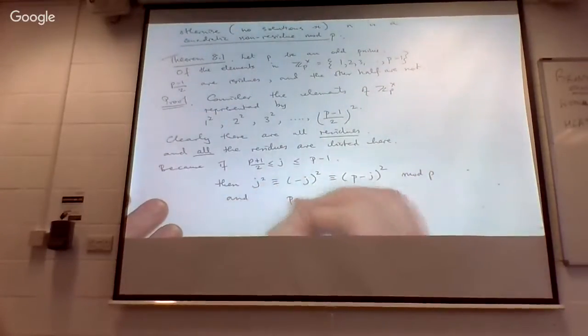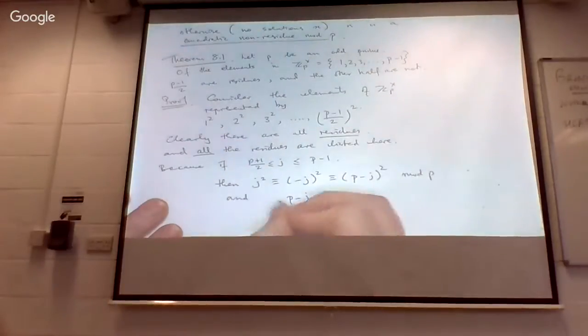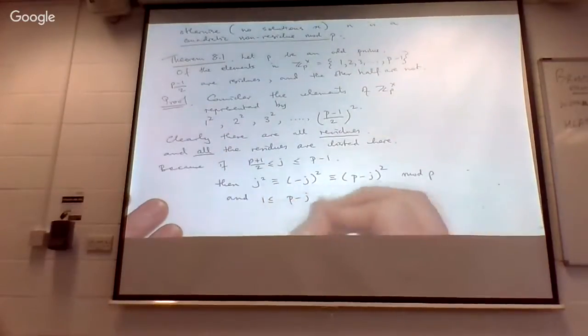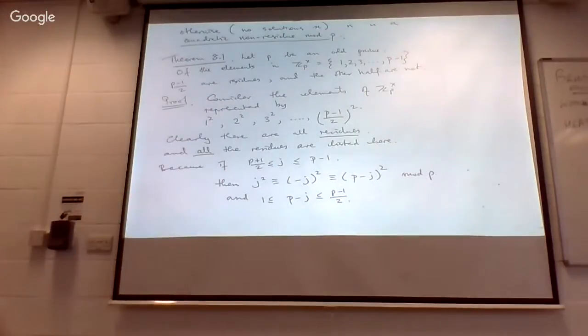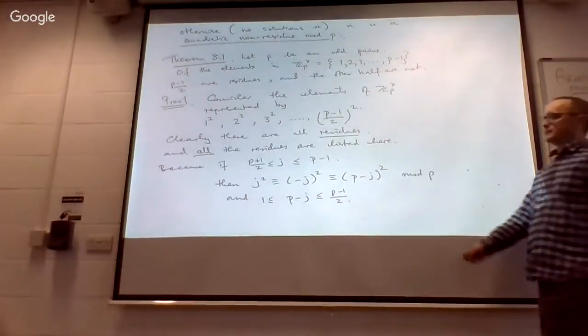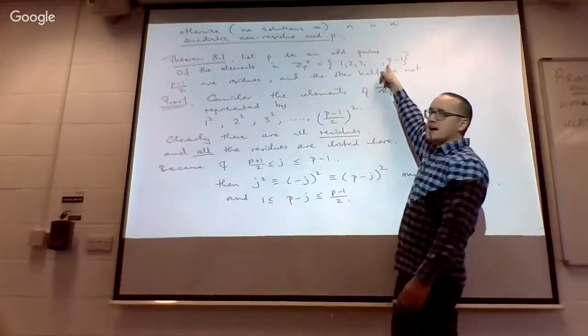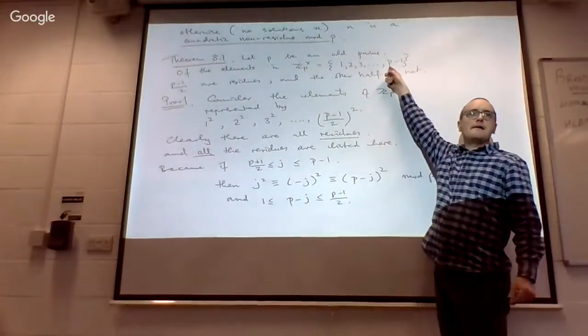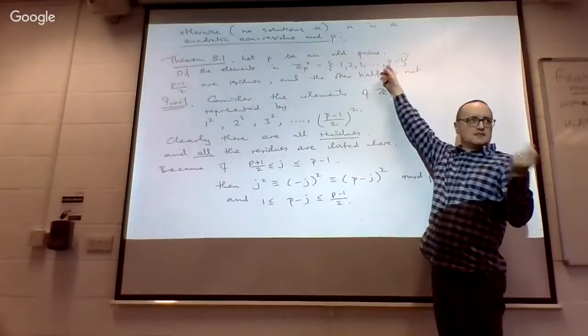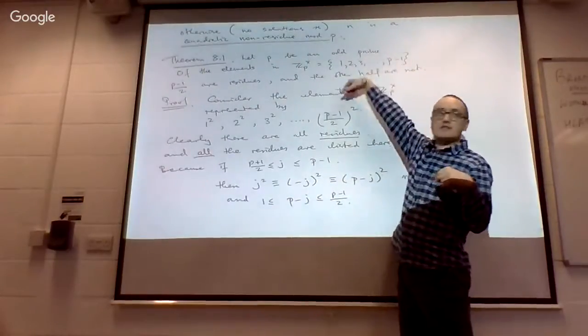And p minus j will be on this list because p minus j will be between 1 and p minus 1 over 2. j comes in the second half of the list. P minus j, the distance between j and p, will be from the first half of the list.